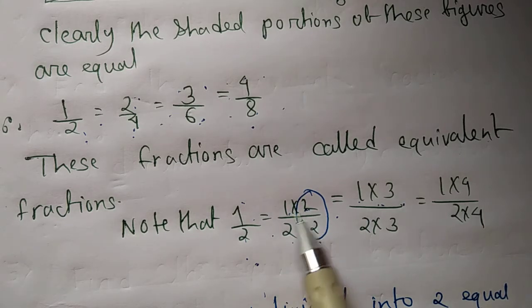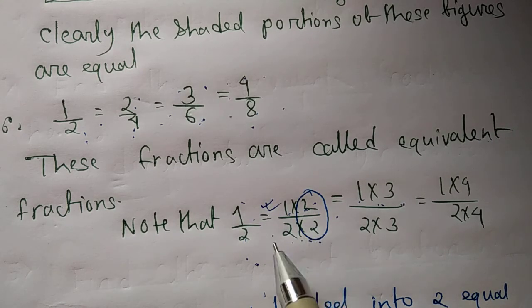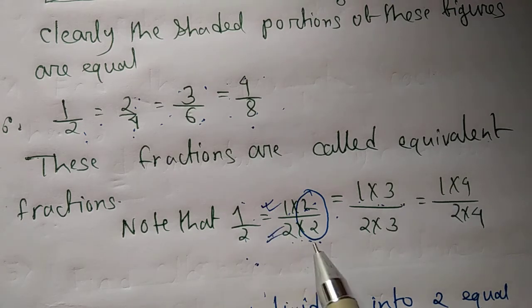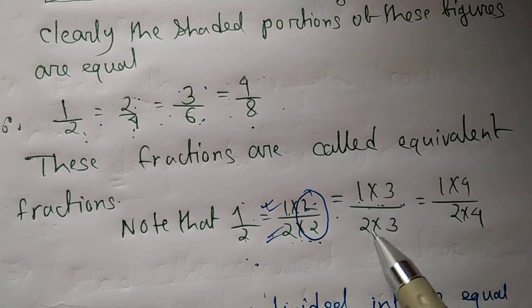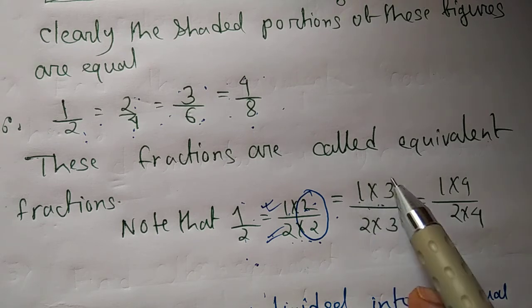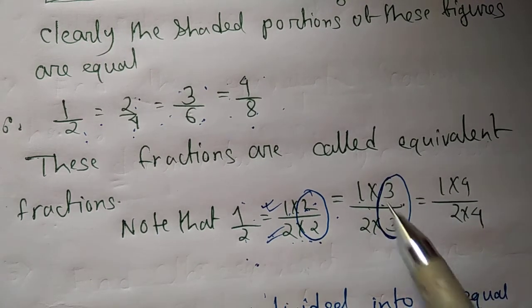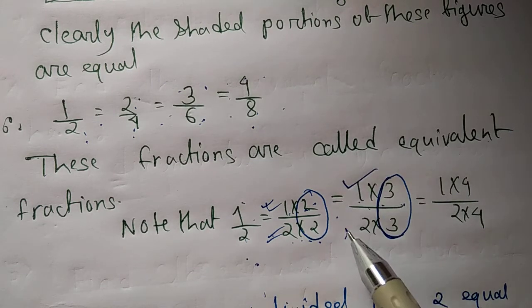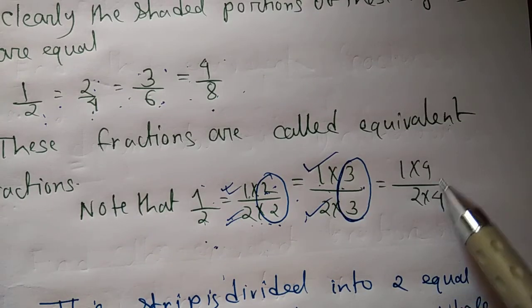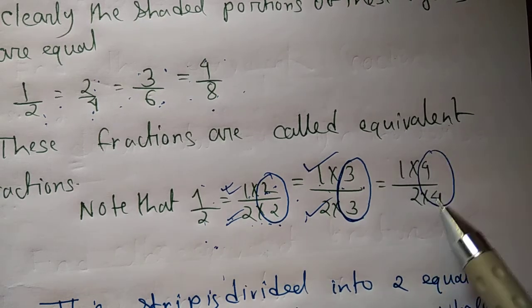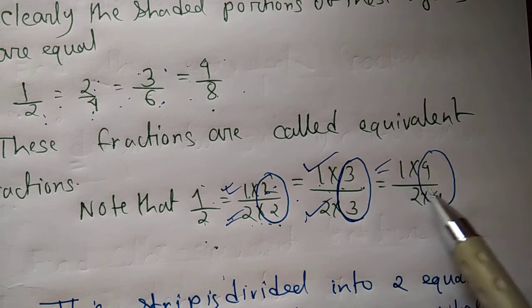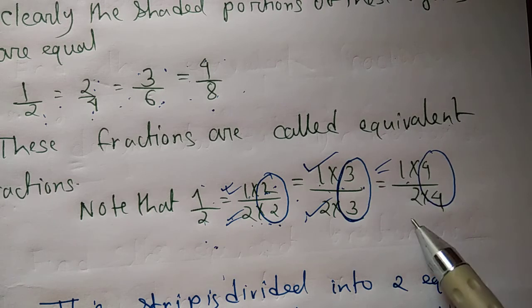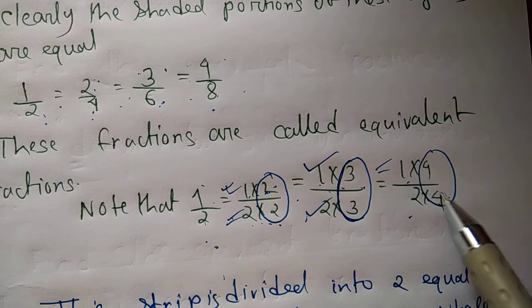So first you multiply the numerator with the same number, then you multiply the denominator with same number. And if you multiply this fraction with 3, then you multiply 3 with numerator and denominator. If you multiply with 4, you multiply numerator and denominator by the same number 4, and you get the fraction which are same.